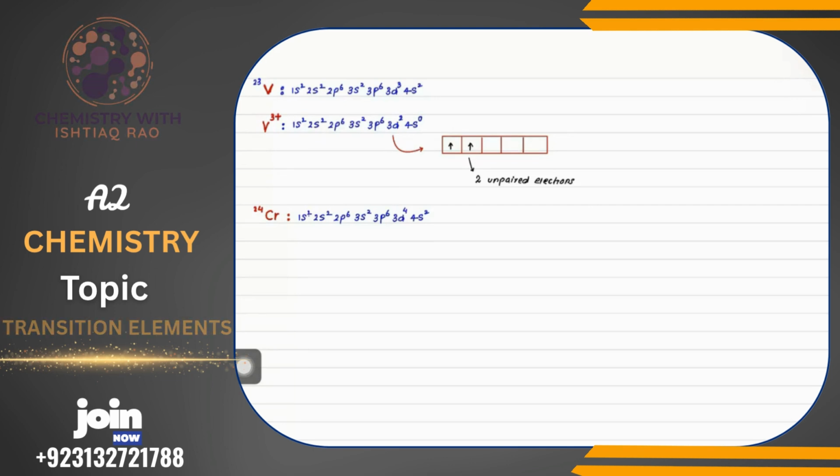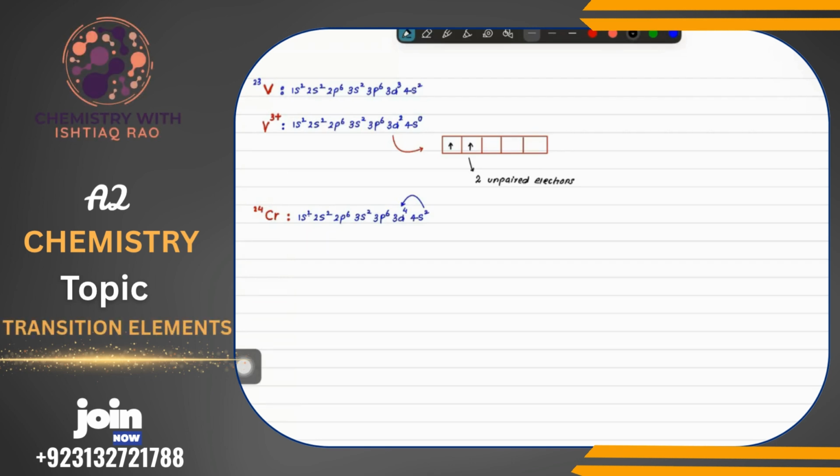You have to make it stable. So what I'm going to do is donate one electron from 4s to the 3d. Let me explain it.